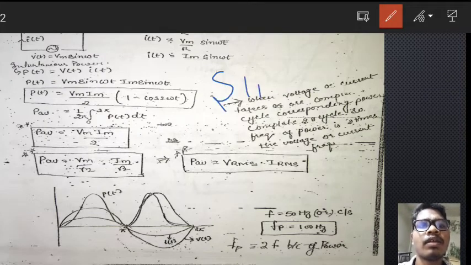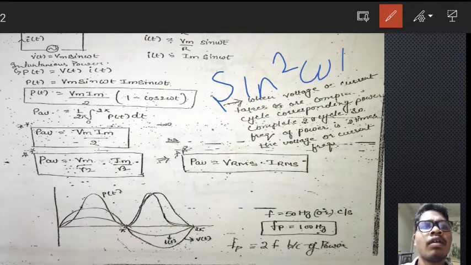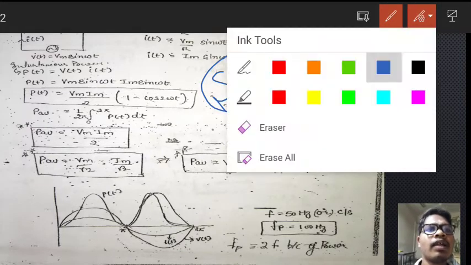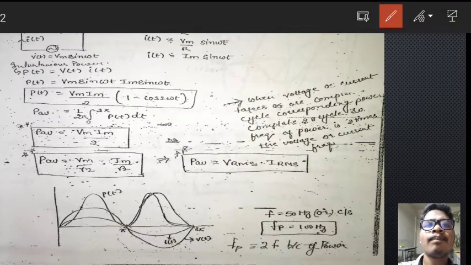So put this formula, then you will get p(t) equal to Vm Im divided by 2 into 1 minus cos 2 omega t.